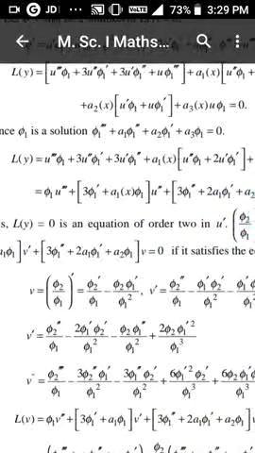Since phi 1 is a solution, phi 1 triple dash plus a1 phi 1 double dash plus a2 phi 1 dash plus a3 phi 1 is equal to 0.